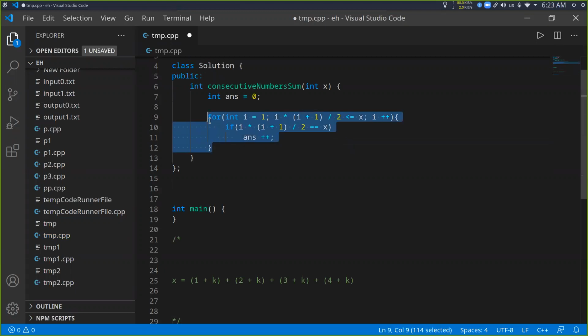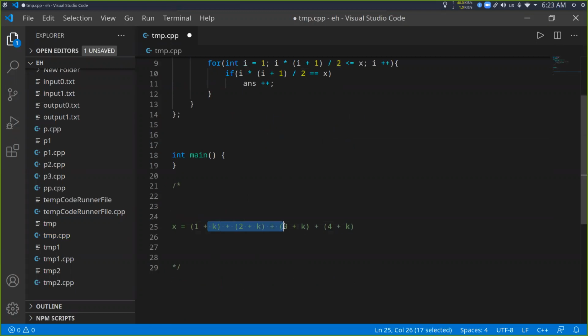And what I did here in this loop is that I made k equal to 0, right? So if I made k equal to 0, then I'm just saying 1 plus 2 plus 3 plus 4. But if I made k equal to 1, then I added to this sum, for this example, I added 4. So if I made k equal to 1, then I added k 4 more times, right? So let's factorize this.